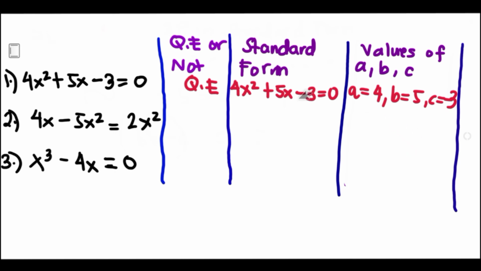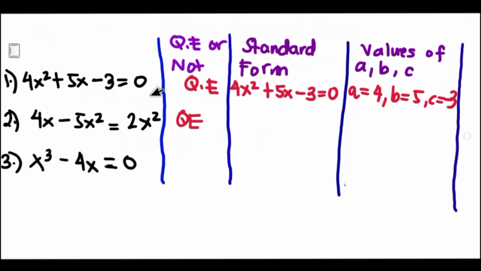Okay, next. 4x minus 5x squared is equal to 2x squared. Is it a quadratic equation? Yes, dahil 2 ang pinakamataas niyang exponent. Ayan, pares sila. So, okay lang. So, this is also a quadratic equation. So, ang standard form niyan ay lipat natin sa kabila si 2.